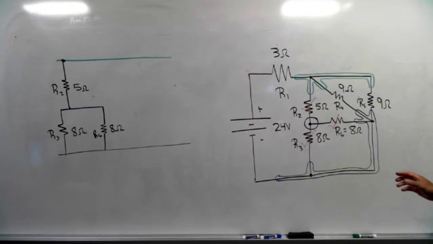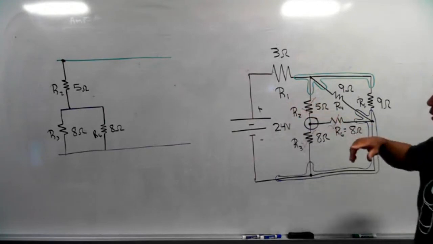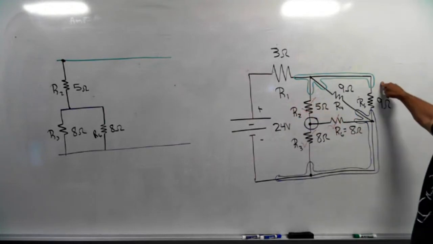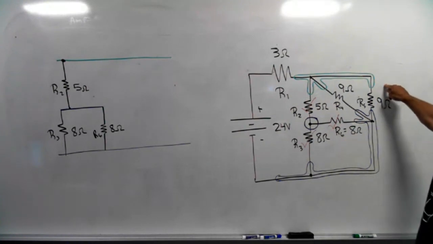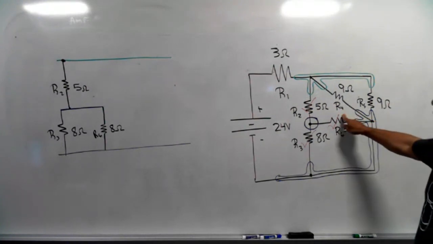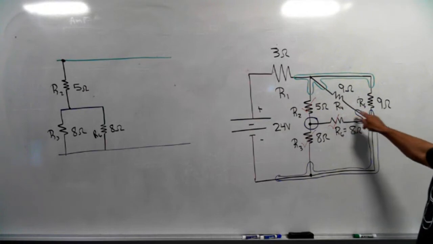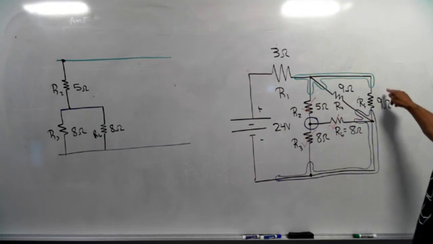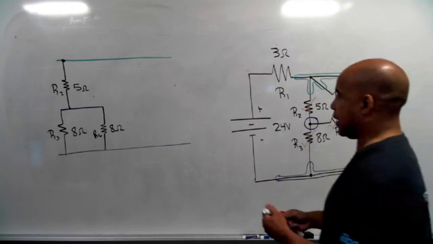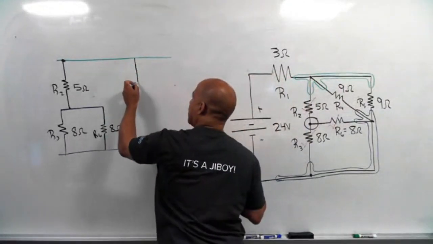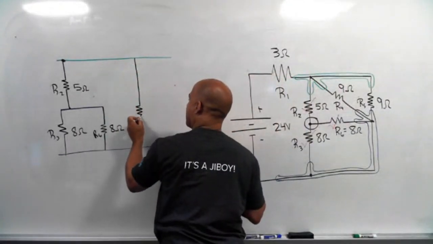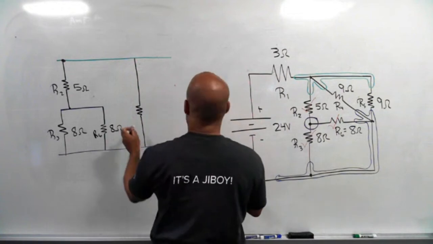Now, the only thing I have left is R1, which we'll get to in a second. I got the green node and the blue node. What resistors do I have between the green node and the blue node? Looks like R4 and R5. Both of those resistors go between the green node and the blue node. So I'm going to draw those in here. I got one here, and that is R4.